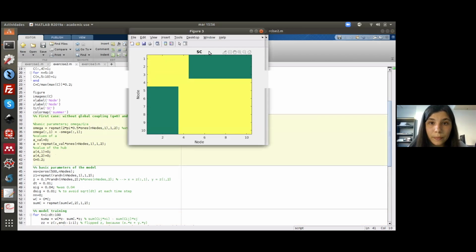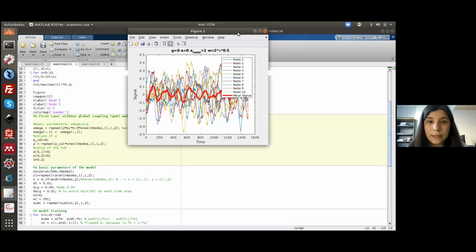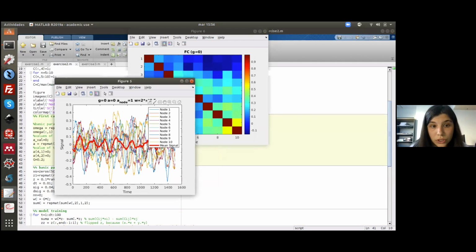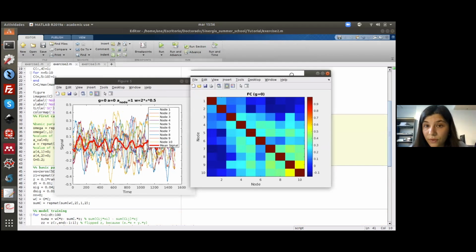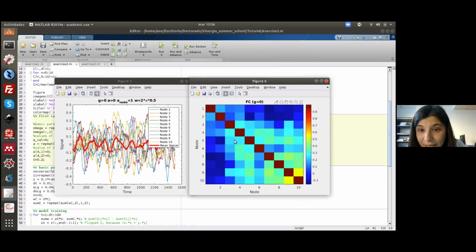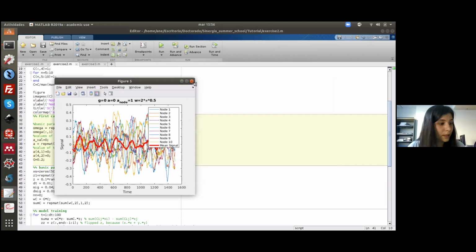In this case, almost all of them show noisy oscillations, but comparing with the functional connectivity that we had before, you can see here that there are some couplings, so there is some influence in the nodes that are within this module. And you can see in the functional connectivity that the levels of correlation are higher than the ones that I showed before with G equals 0 for all the cases.